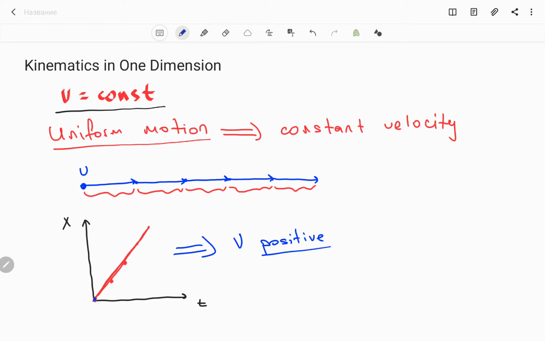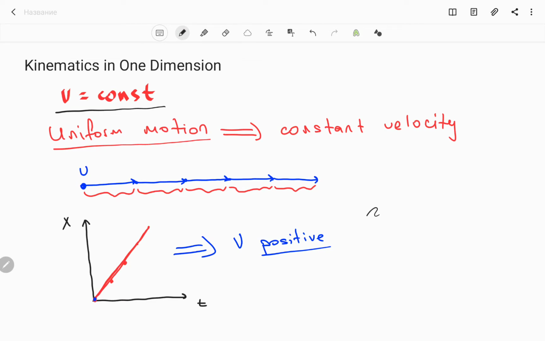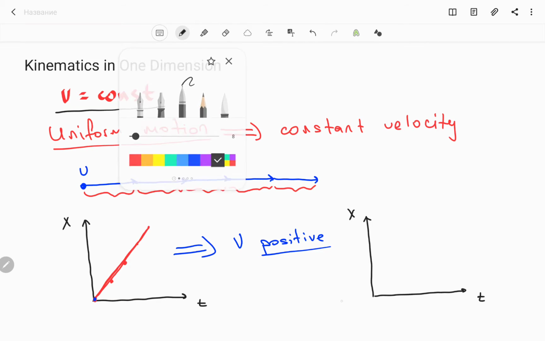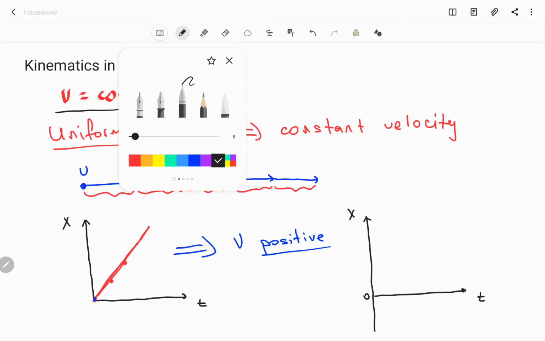How can we draw a position-time graph for an object which is moving to the left, for example? It's simple. A similar graph, position, time, and so this graph, be careful, has a negative side. So upward positive, downward negative.